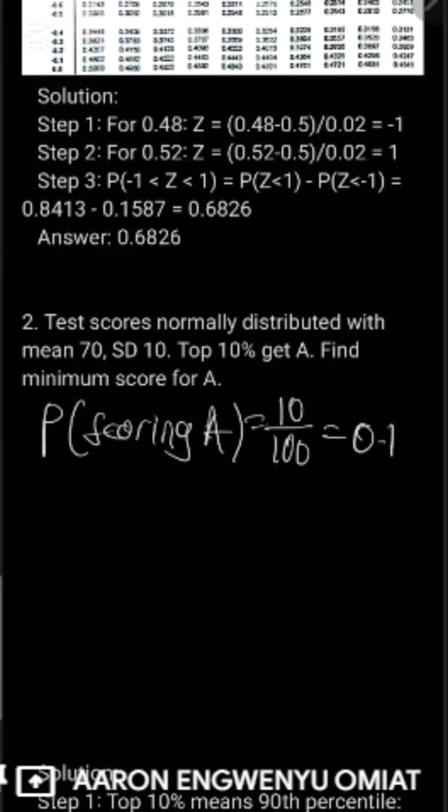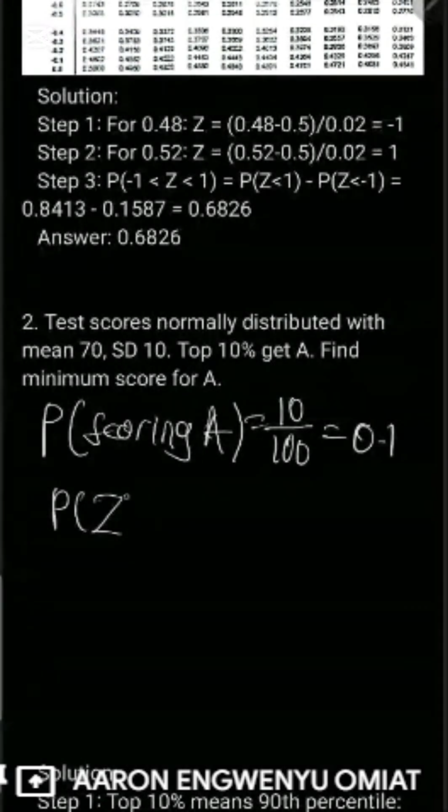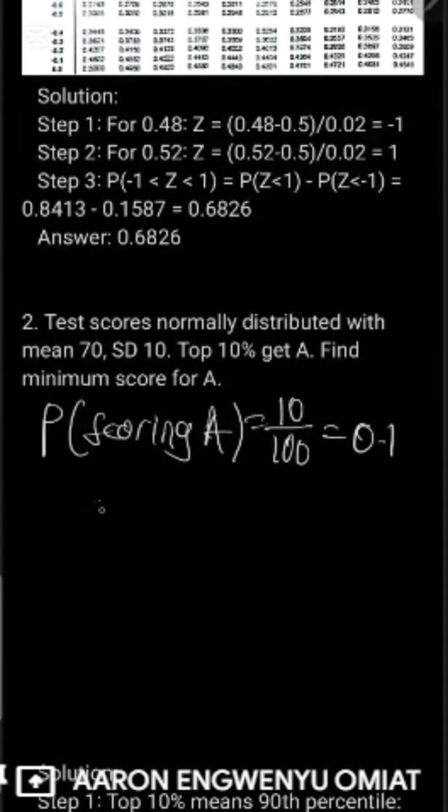And then to get that Z, the probability of Z and the minimum score for A, where Z less than 0.1? Z less than 0.1, minus the mean.